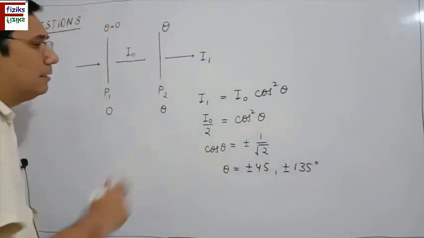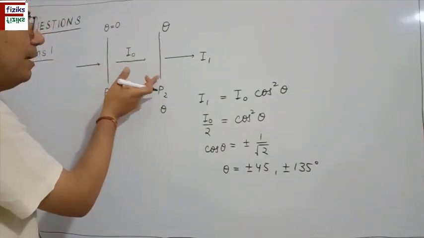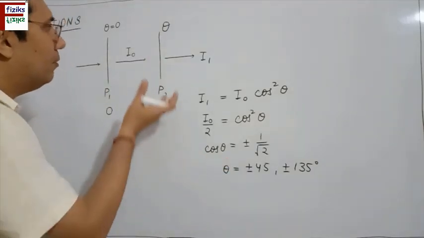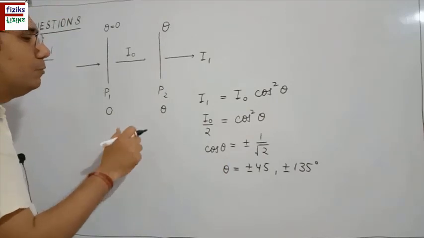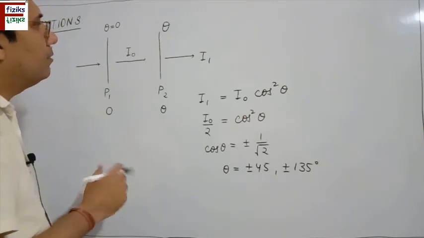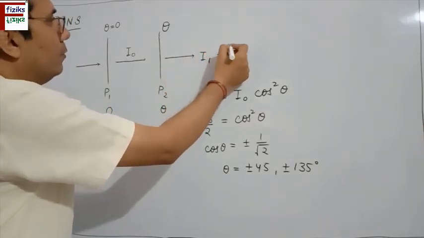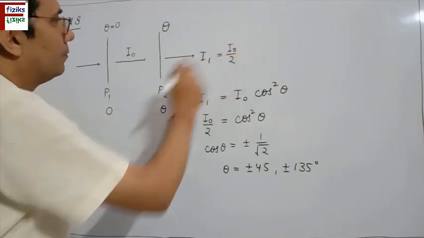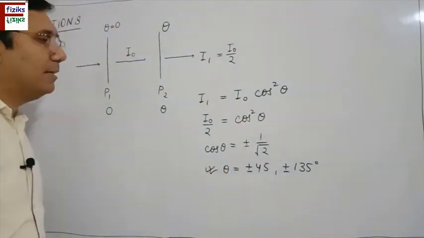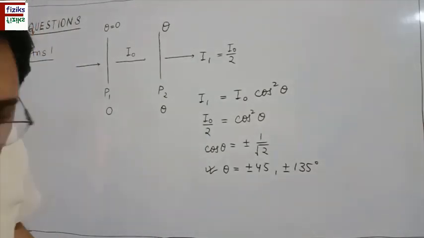This is the answer of question number 1. We can rotate P2 by an angle, plus sign clockwise, minus sign anti-clockwise. If we rotate P2 by 45 degrees or 135 degrees, clockwise or anti-clockwise, then I1 will become equal to I0 by 2. So the answer of question number 1 is plus minus 45 and plus minus 135.